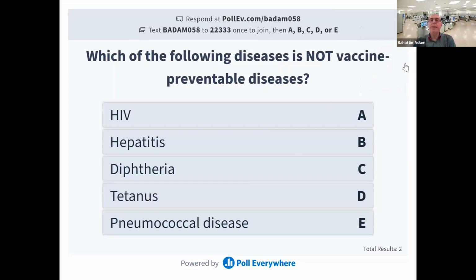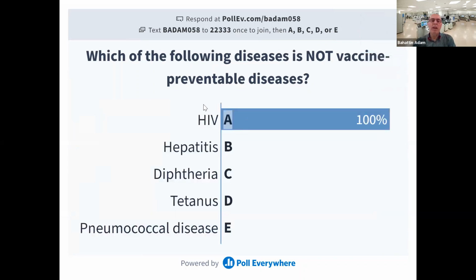Okay, let's see now. HIV doesn't have any vaccine, right? But the others have vaccines, okay? And we can use a vaccine to protect ourselves from such microorganisms.